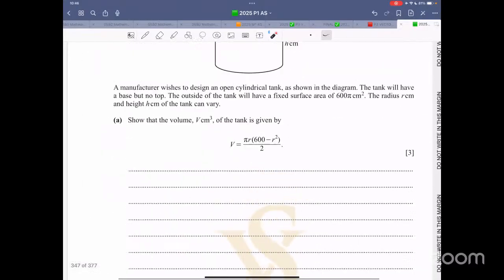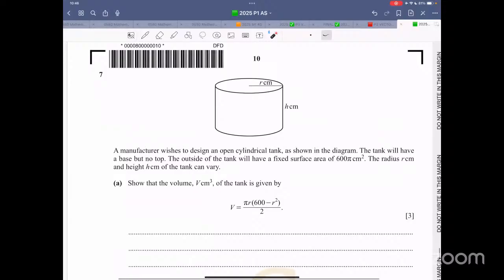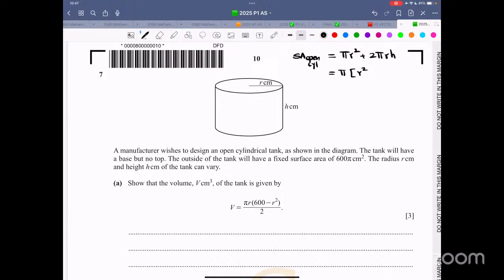Okay. So now over here, let me first write this out. The surface area of an open cylinder is pi r square plus 2 pi r h. That's the first thing. And now this thing is equal to 600 pi. So let me take pi common out. That is r square plus 2 r h.